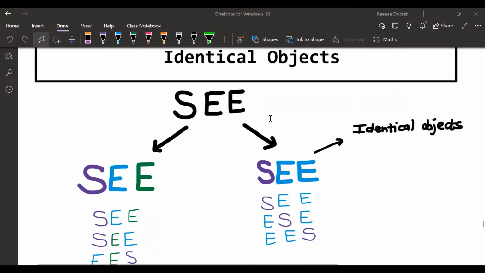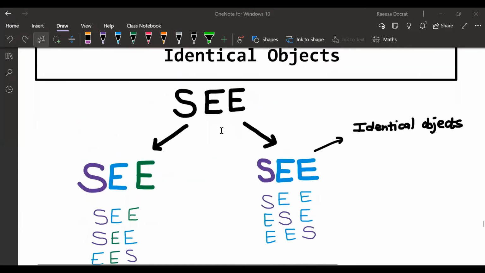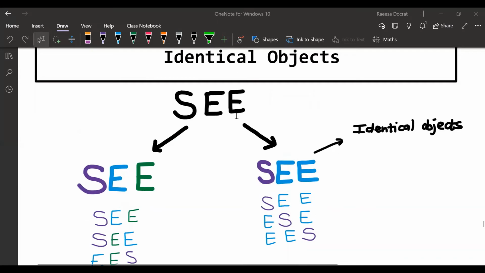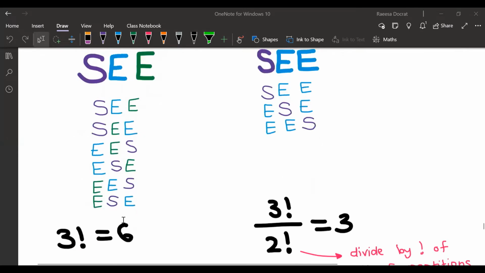If we have the word SEE, S-E-E, you can see the E's are repeated; they are considered identical objects. Now, if we count the number of ways that SEE is rearranged using the method we spoke about earlier, we'll get 3 factorial, which is 6 ways.